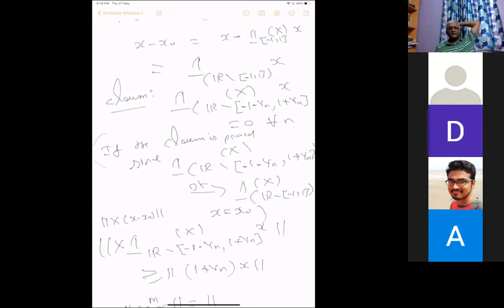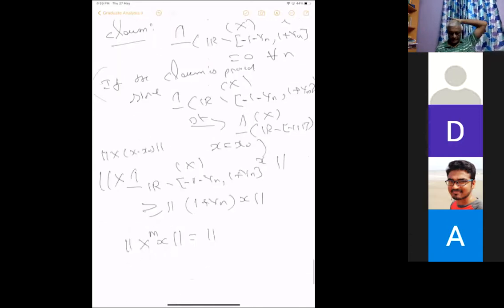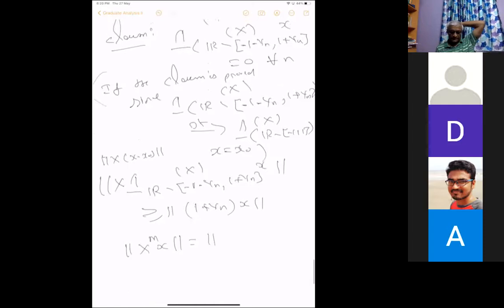We have this inequality. Can you see why this contradicts this? Can anybody see this?